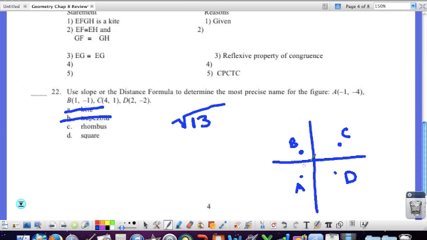So A is here. B, I've made a mistake in drawing this. Probably made the mistake before. B is 1, negative 1. Okay? So B and D are actually in the same quadrant.